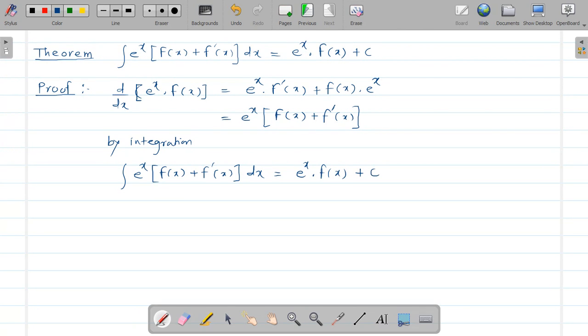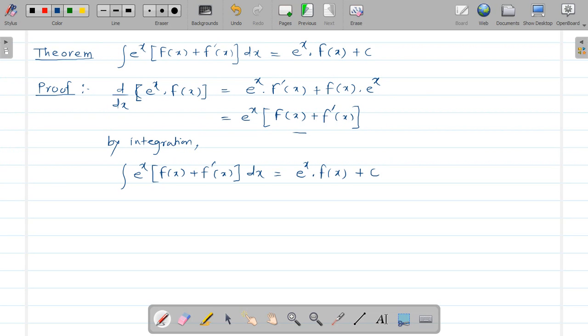So if you take the derivative of e raised to x into f of x, we get this derivative. And so by the antiderivative concept, we get the rule, that is, integration of e raised to x into bracket f of x plus f dash x dx is equal to e raised to x into f of x plus c.